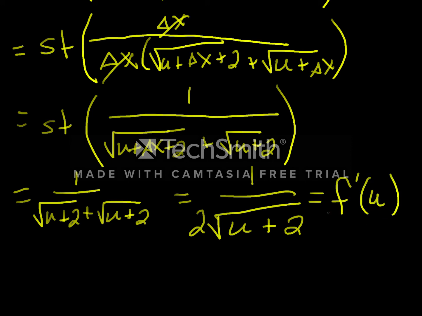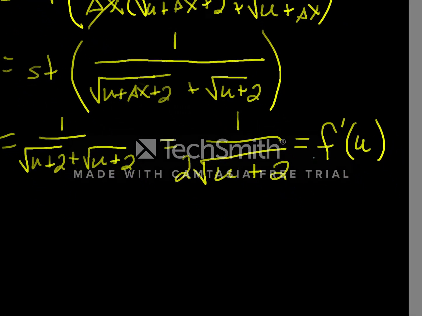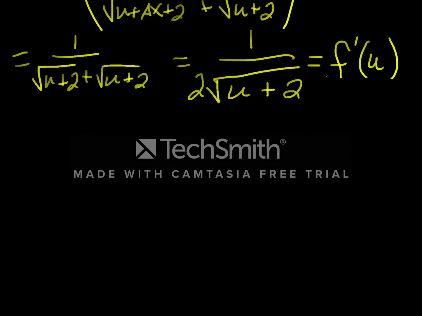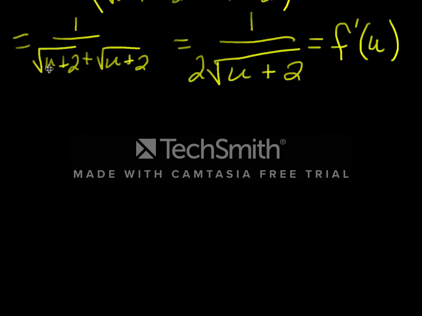That's f prime of u, the derivative of f. And now we can figure out at any point where it's defined what the slope is. Remember our original function is f of u equals the square root of u plus 2.